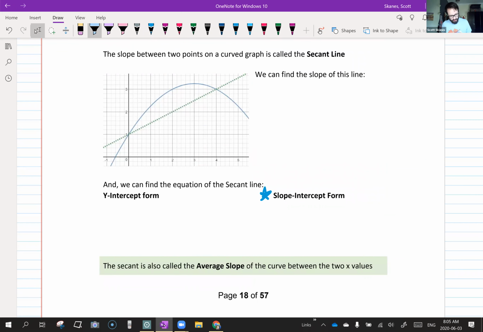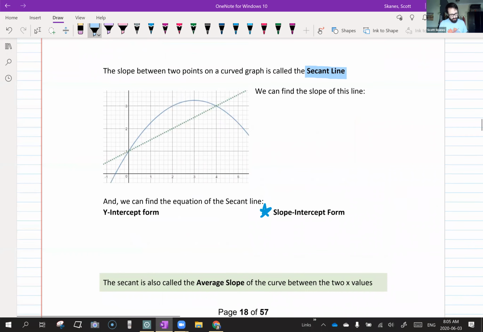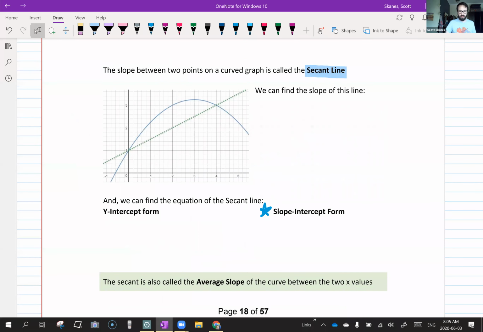A new piece of terminology is the secant line, and it's just a fancy way of saying the slope of a curved graph. Instead of it being a line, like clearly we can see that this isn't a line, it's a curved line. We just take two points on it. So for example, in this case, it's taking this point and this point.